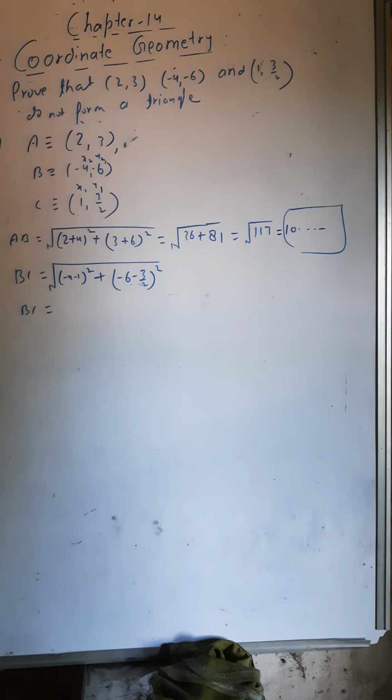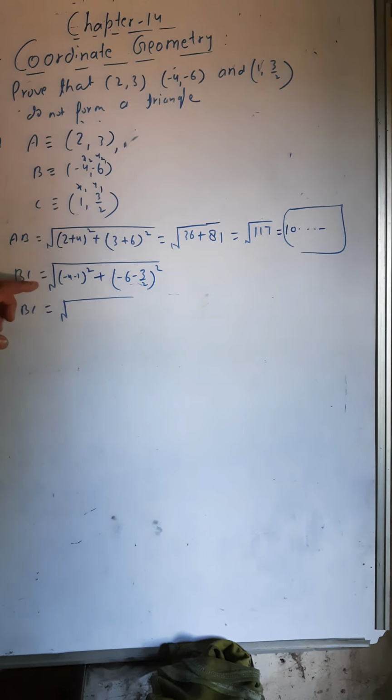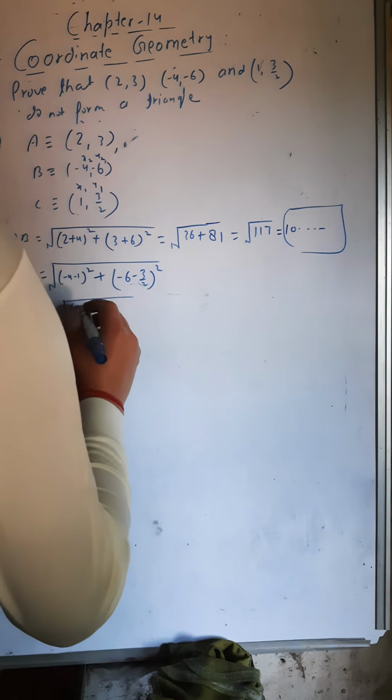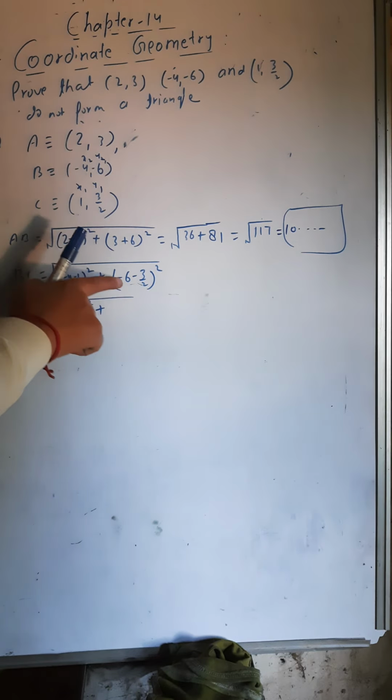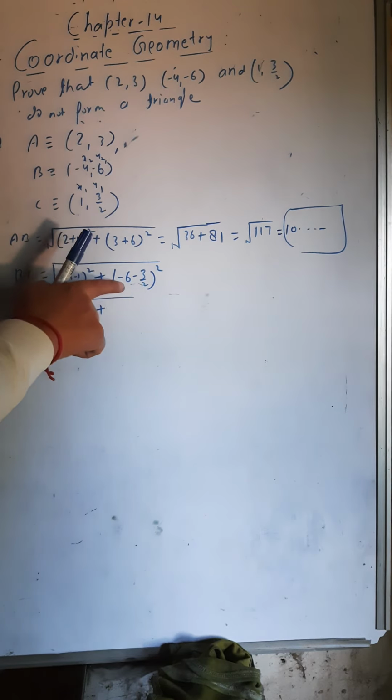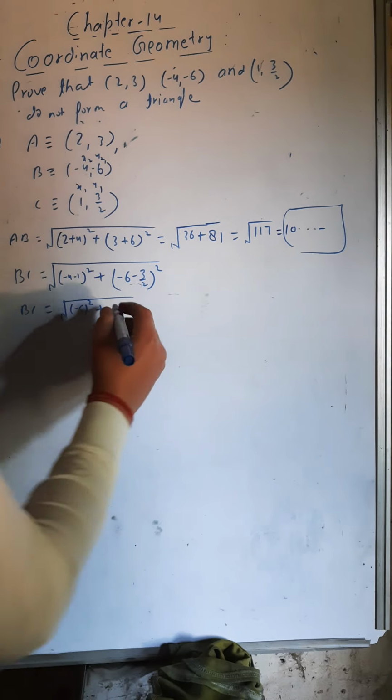From here BC will be, minus always added, the sign will be minus, so it will be -5. 4 plus 1 is -5 squared, plus, now look here, you can cross multiply, 6 times 2 is 12, -12 and -3 is -15/2.